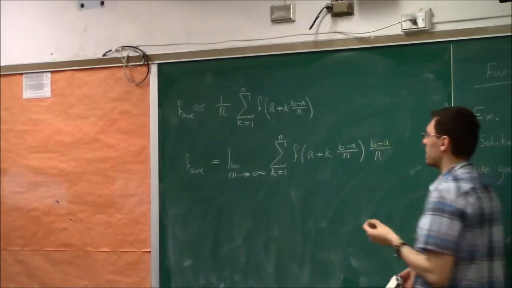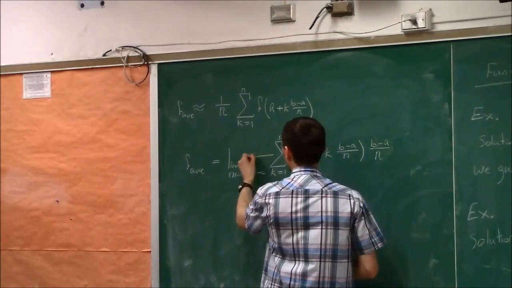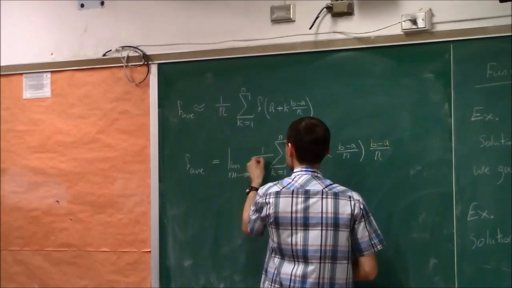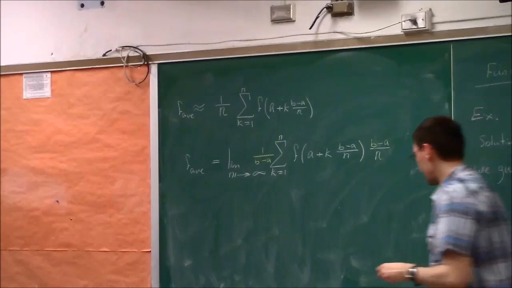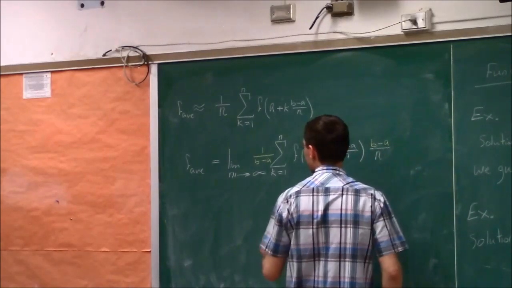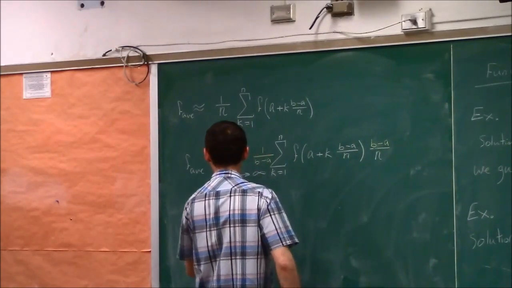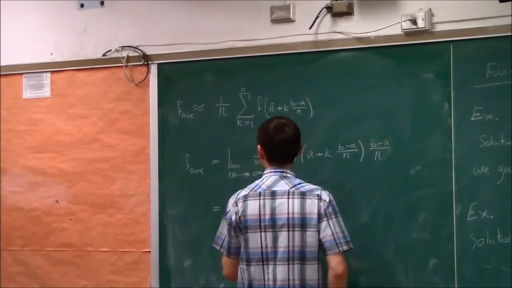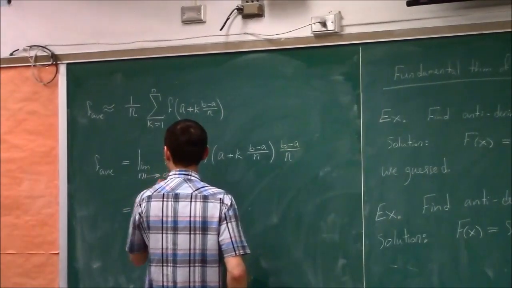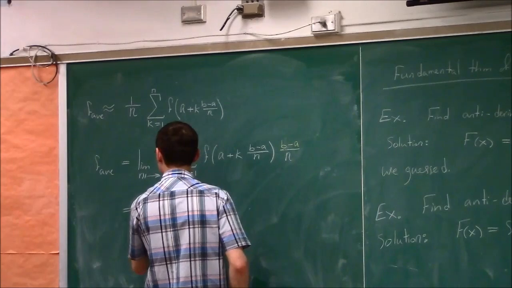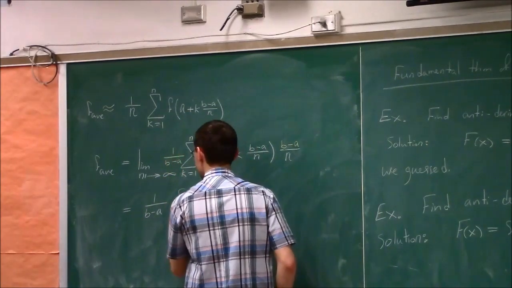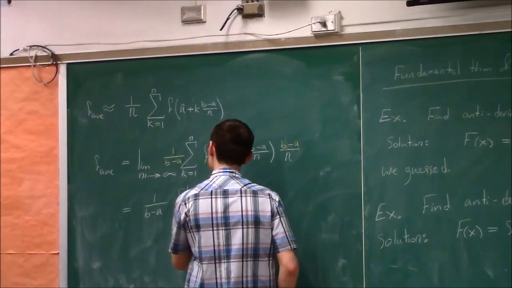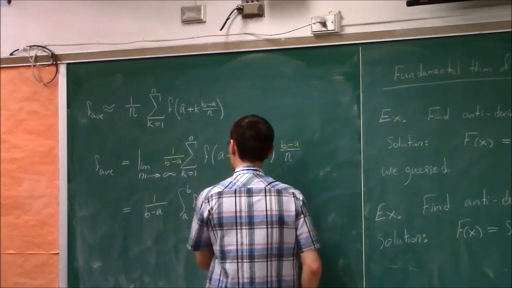But if I place b minus a over there, I have to divide by b minus a. And then what I am obtaining is that this is just 1 over b minus a, integral from a to b of f of x dx.